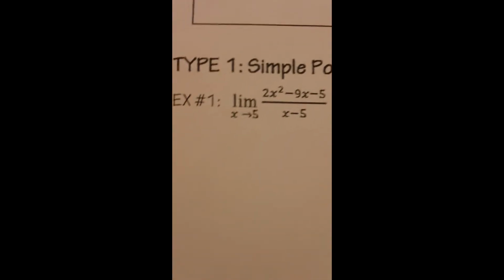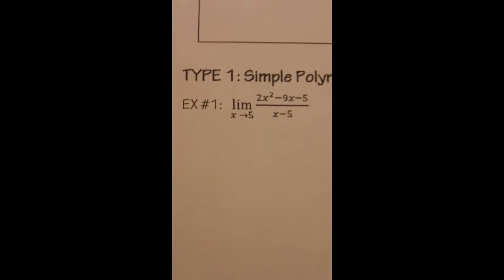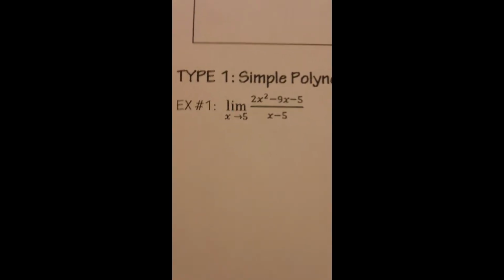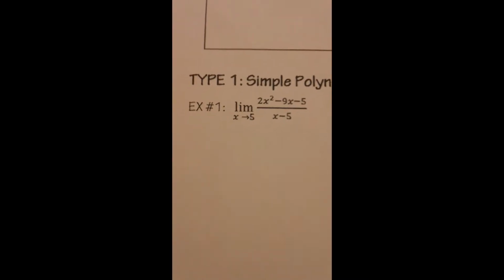So for the first one, we're given the limit of 2x squared minus 9x minus 5 over x minus 5 as x is approaching 5.